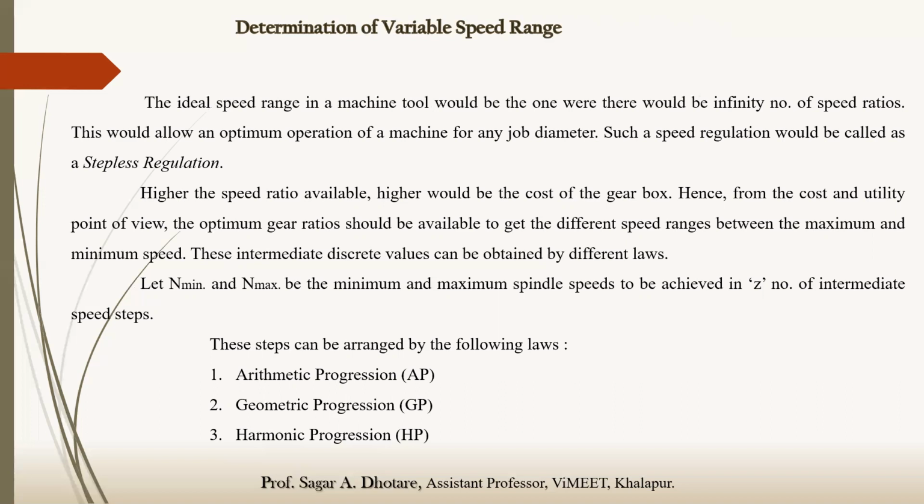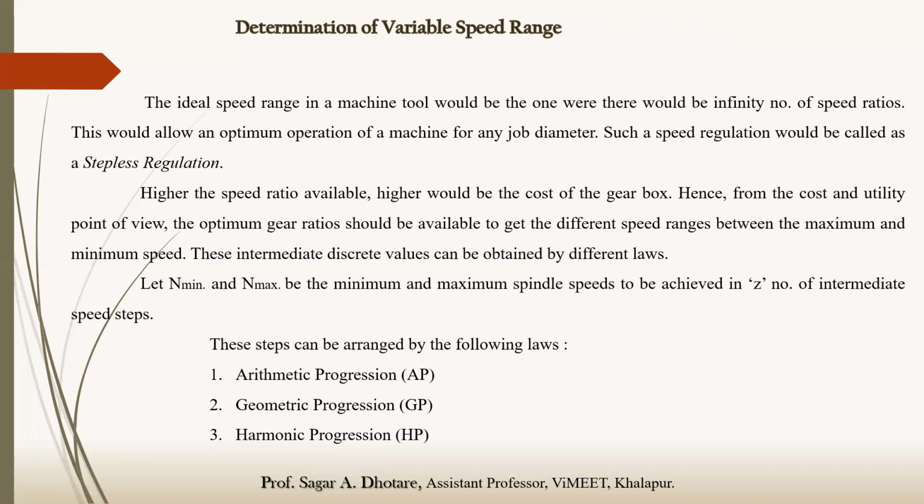An ideal speed range in a machine tool would be one with an infinite number of speed variations or speed ratios that would allow optimum operation of the machine for any job diameter. Such speed regulation is called stepless regulation.